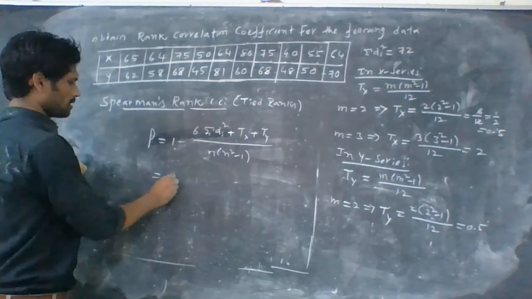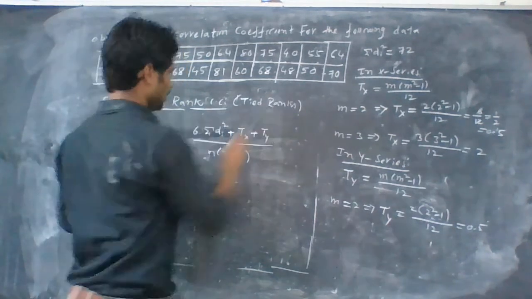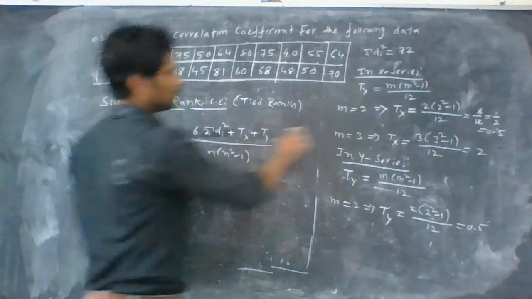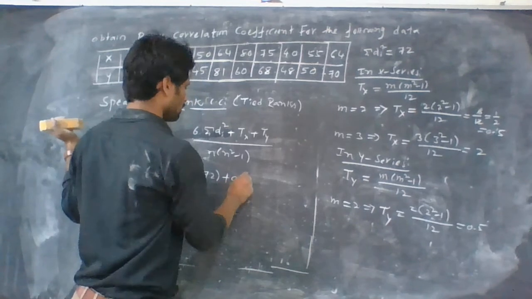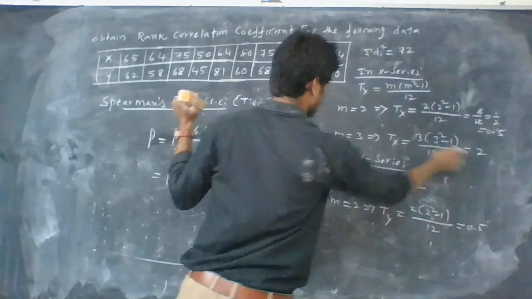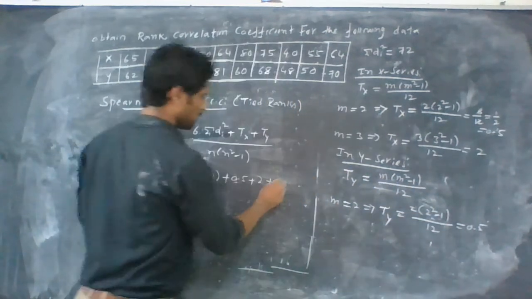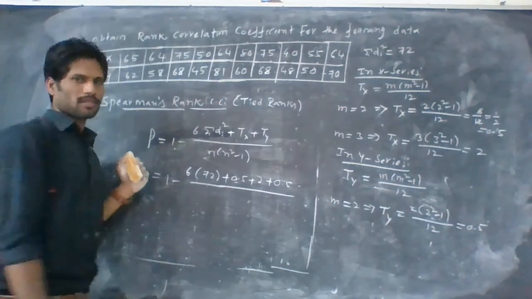So 1 minus 6 into summation di square 72 plus Tx values, one value is 0.5, another value is 2, and in Y series only 0.5, by n, the number of observations.